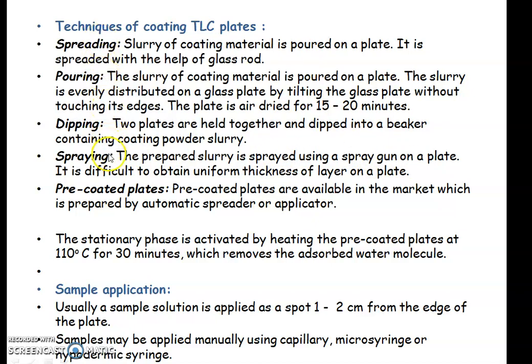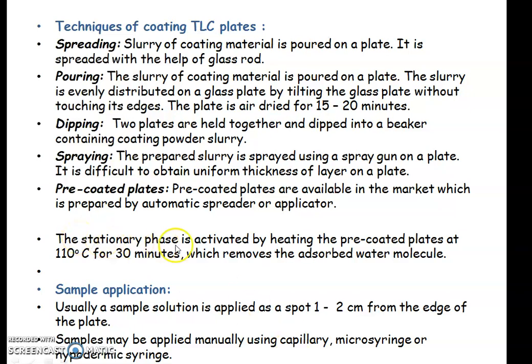But in all these cases, it is difficult to obtain uniform thickness of layer on a plate. So, to achieve uniformity, pre-coated silica plates are available in the market which can be used for the development of chromatogram.